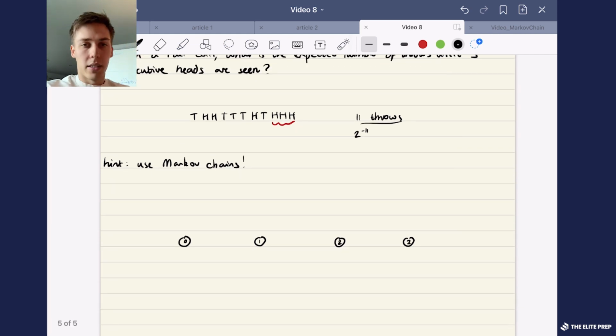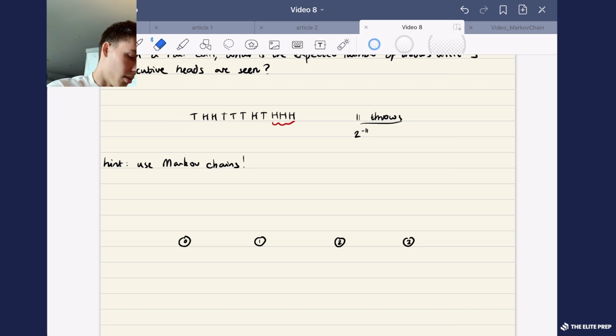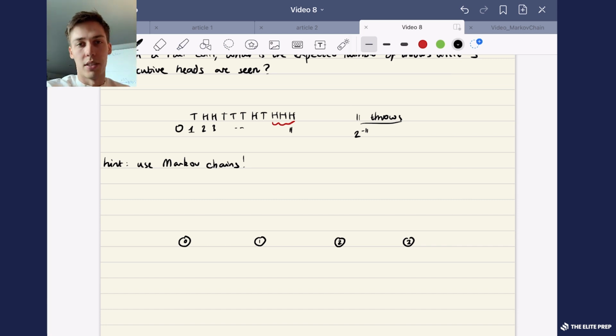At each point in time, time being the throw on which we are: if we've just thrown throw 1, we're at time 1. If we've just thrown throw 2, we're at time 2, and so on. So we can label them like this: 1, 2, 3, all the way up to 11. We can also add time 0, which is before we've thrown anything.